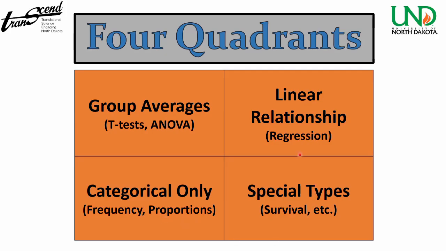And then finally, the grab all, the special types. That's like survival analysis, structural equation modeling, more advanced models. It's like if we were talking about eukaryotes, there'd be plants, there'd be fungi, there'd be animals, and then protists are the grab bag of everything else, even if they're not particularly closely related. That's what the special types are here.